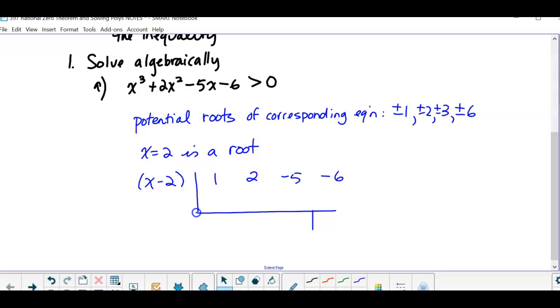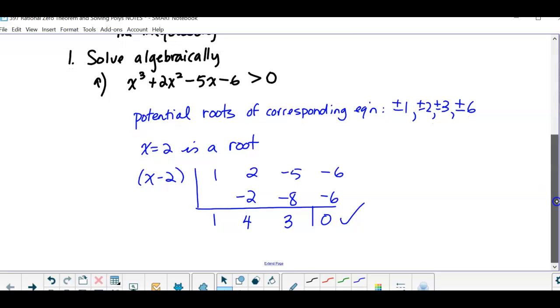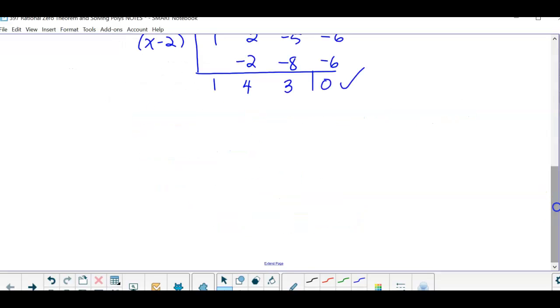Notice how it is degree 3, and there is a term for every descending degree. Always take a look. Maybe there's something missing, right? Maybe it doesn't have an x squared, so then you would put a 0 in it. Okay, so that's good. You got 0, so we know, pretty sure anyway, that we did it correctly.